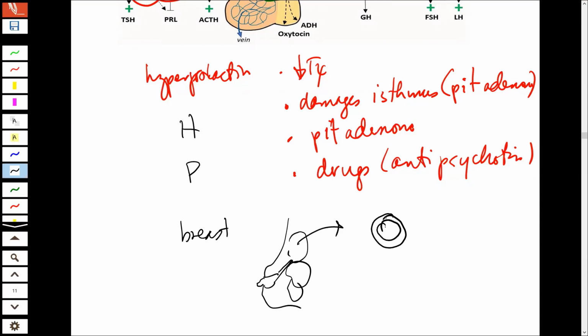This is the functional unit. I have my milk secreting cell, and then around it, I have my myoepithelial cell. So the signal to my lactating cell is prolactin, and my signal to the myoepithelial cell is oxytocin.